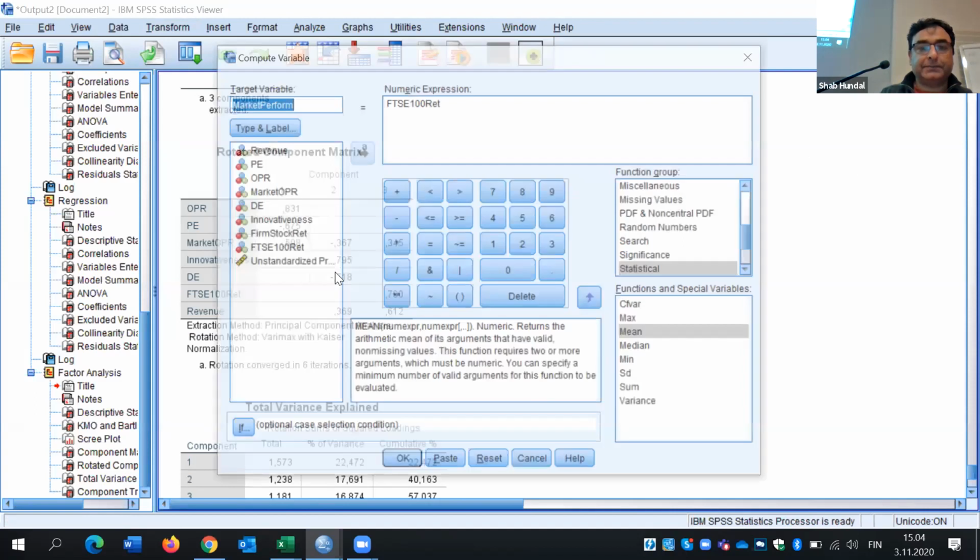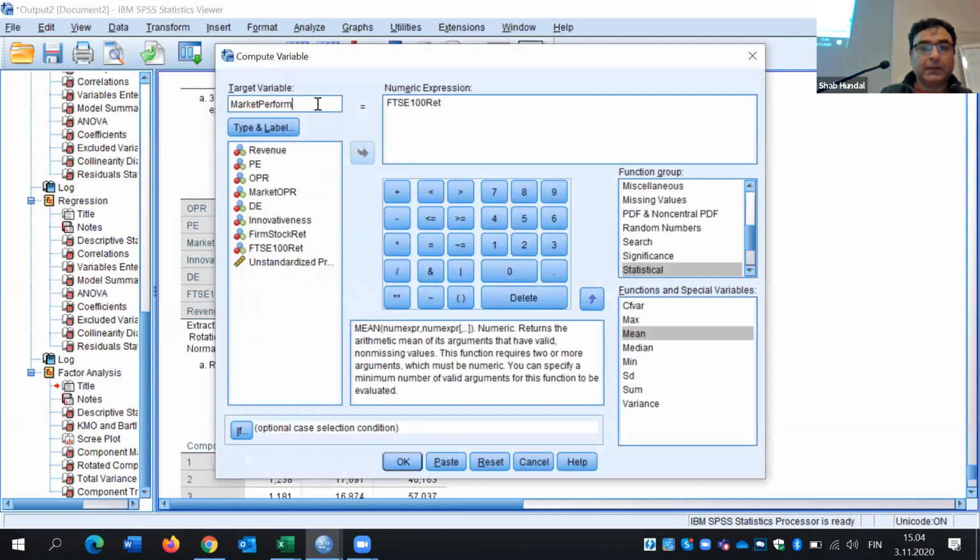I compute it. My first construct is accounting performance. So let's call it accounting performance. Don't give the space. Accounting performance. And that included what? That includes OPR and PE.